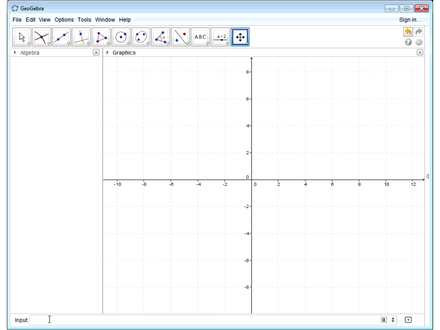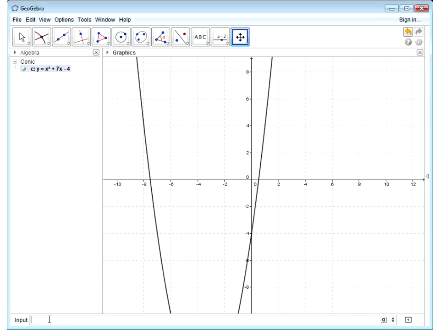So first, let's go ahead and get the quadratic out of the way. So y equals x squared plus 7x minus 4, enter. So that's a parabola, that's correct. An easy thing to always find out is where's my y-intercept, -4. So that looks to be correct to me. So that's the first one.